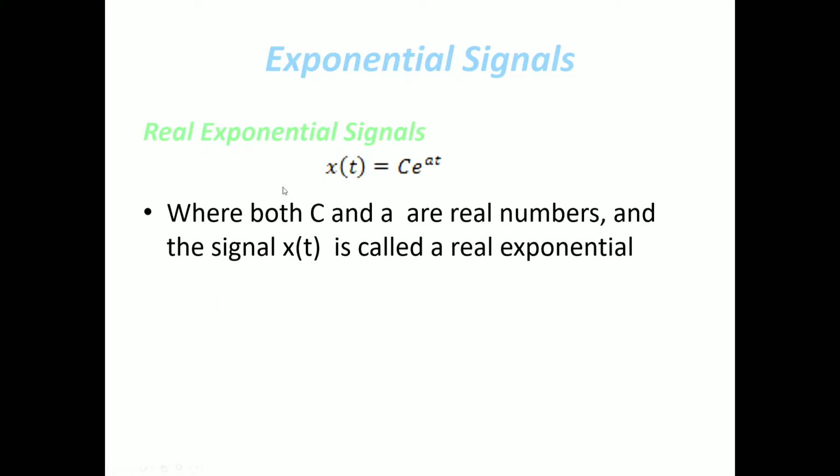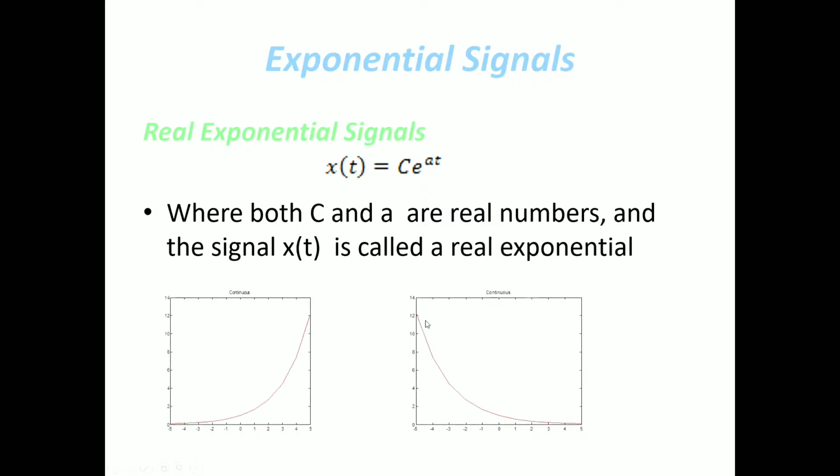So coming to the exponential signal. The exponential signal is divided into two: one is real exponential, another is complex exponential. Let us talk about real exponential right now. The real exponential signal is x of t equal to c into e power at, where c and a are real numbers, and x of t is called a real exponential signal.